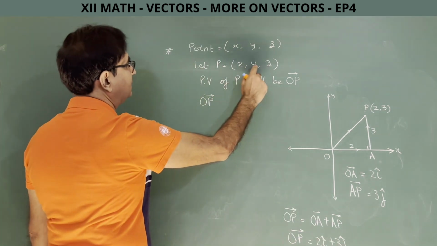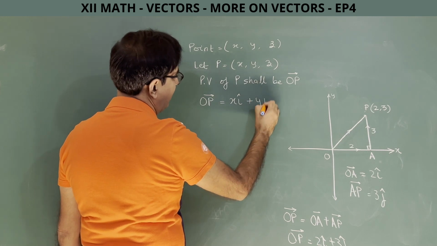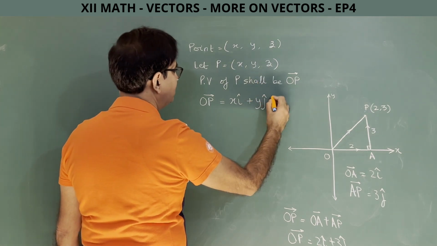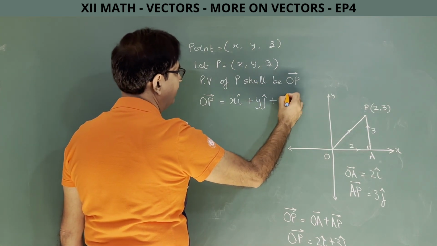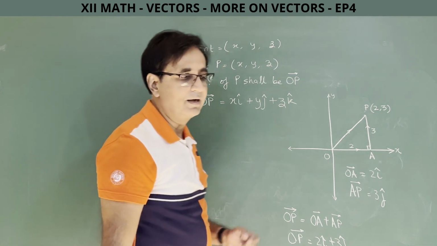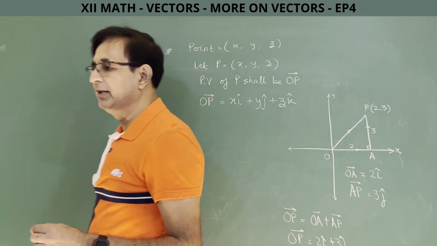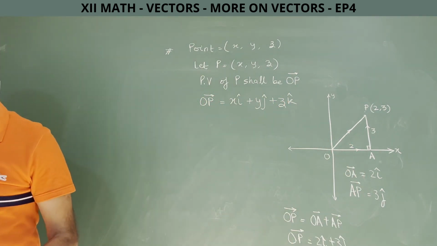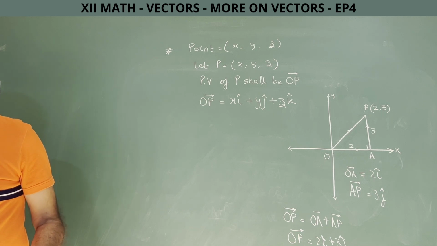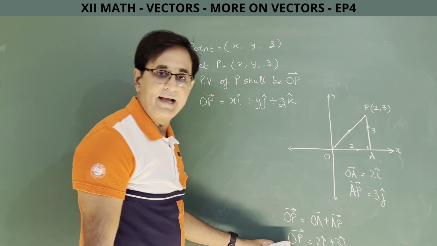So if the coordinates are x, y, the vector will be xi plus yj, and since now it's a 3-dimensional vector, it will be xi plus yj plus zk. So now you come across the very first formula which we will be using in all the numericals. So if you know the coordinates of the point, you very well know its position vector. So simple it is. So I'll rub off this portion of the diagram also.